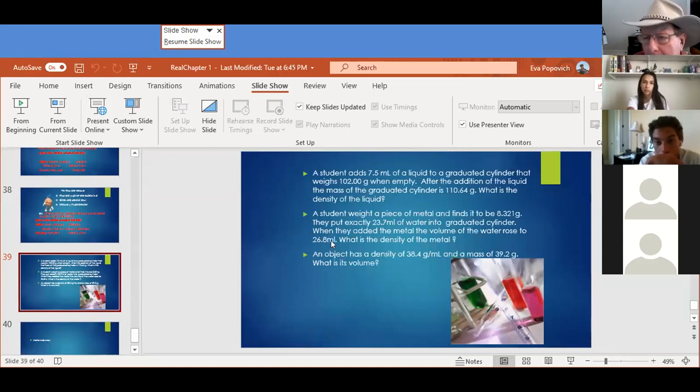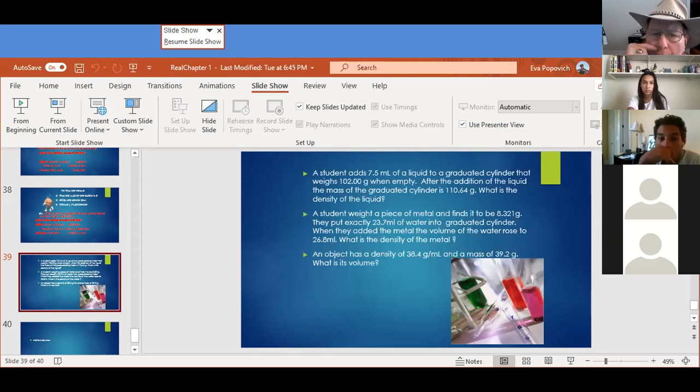By Archimedes' principle, the object will displace the same volume as it contains. So to get the volume of the metal, you subtract the 26.8 and the 23.7, and you end up with 3.1. That would be your volume. You then divide your 8.321 by the volume, and that gives you 2.7.